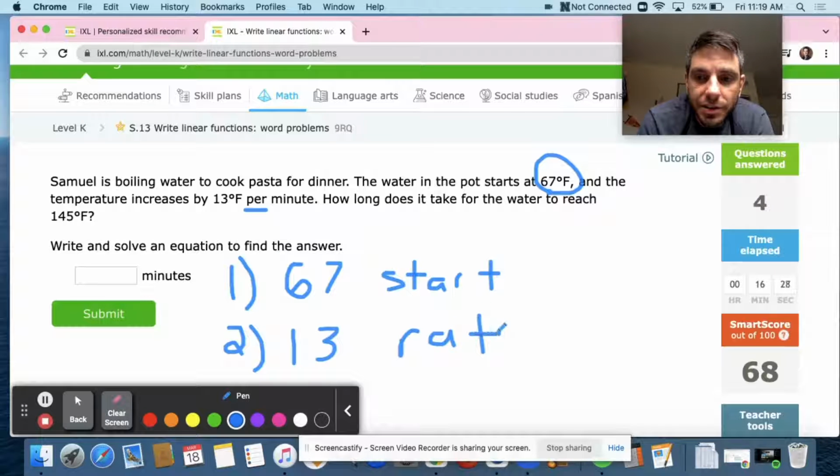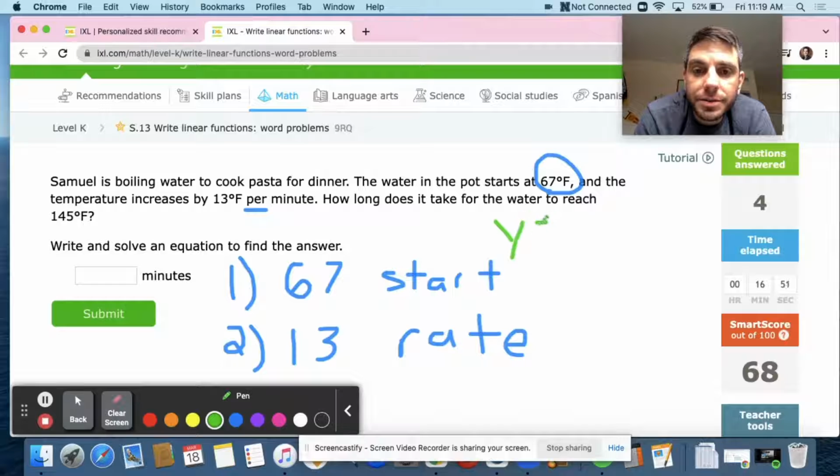Now, in the previous questions we've done on this video, that's pretty much all the information they gave us. They just gave us two numbers. One of them was a starting number, one of them was a rate number, and we were going to build our equation based off of those two numbers. And that's all they were asking us to do. So if we were to continue to do that exercise, the equation would look like this.